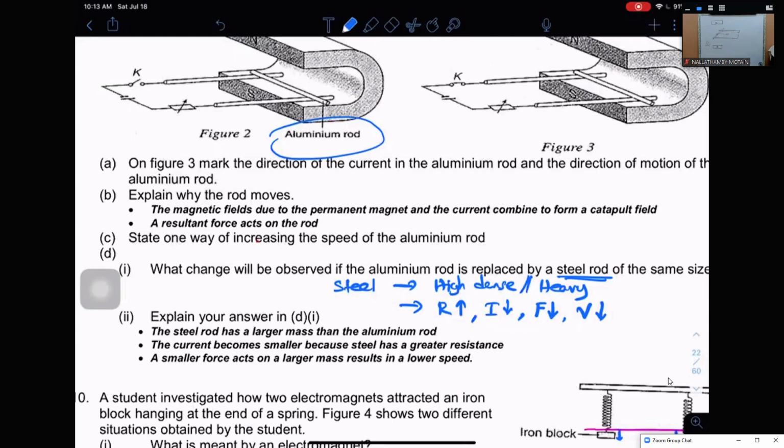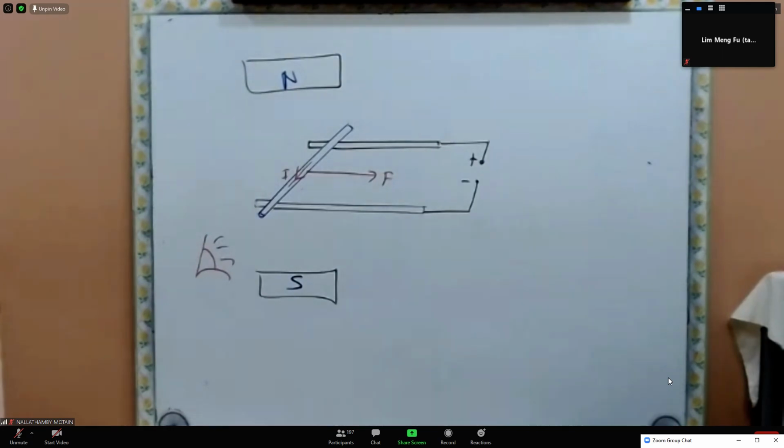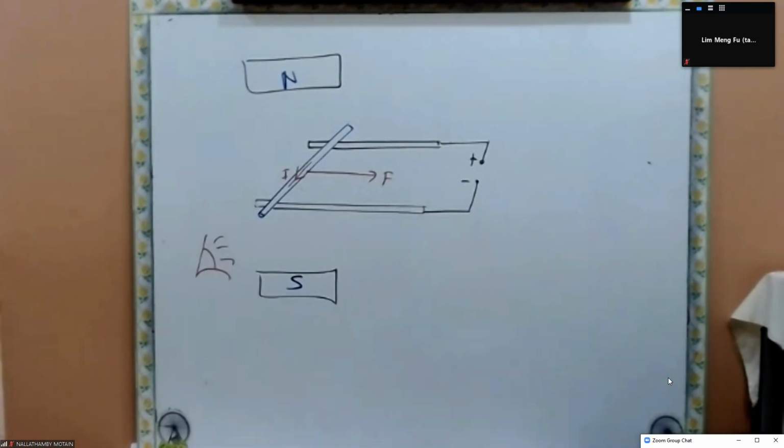Resistance of the steel rod is higher than aluminum. Aluminum is very light. So when the resistance is higher, current flowing in the steel rod decreases and causes the force acting to become lower. Okay, so that's all. The rest you can go through on your own.